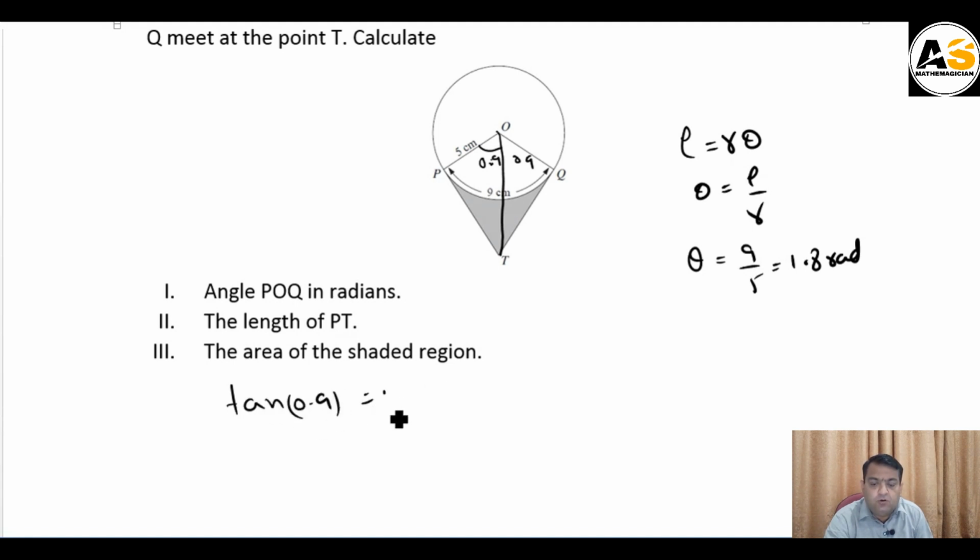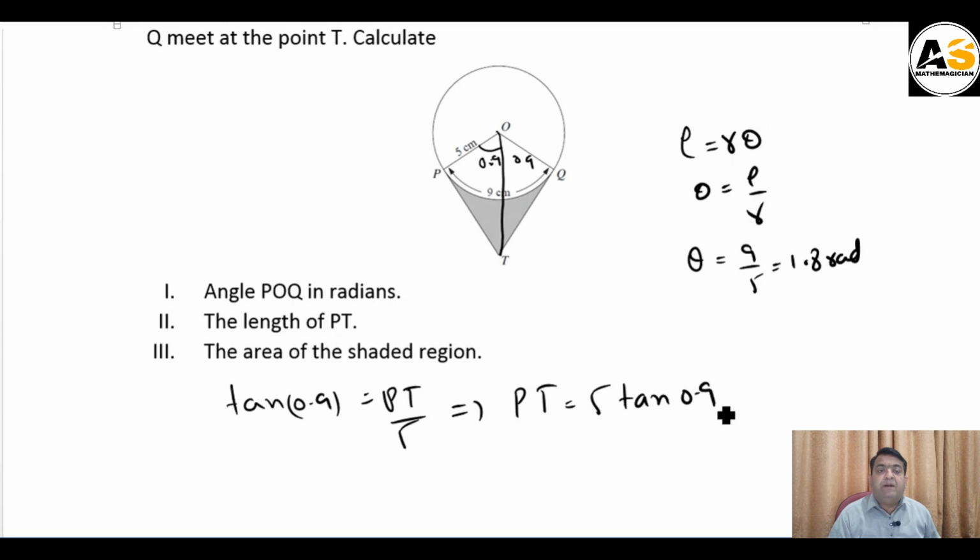This is equal to PT over 5, which implies PT is equal to 5 times tangent 0.9. And tangent 0.9 multiplied by 5 will give us 6.3 centimeter, which is length of PT.